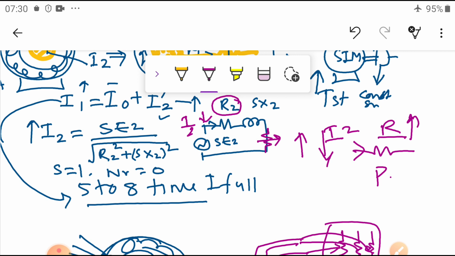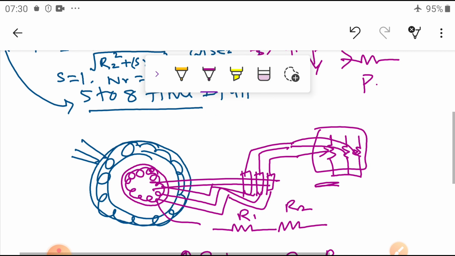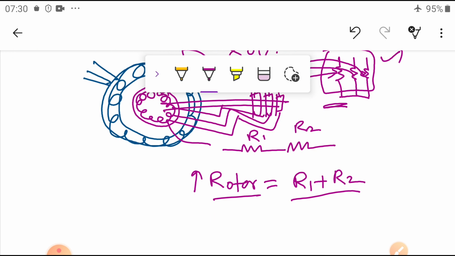We can use this external resistance for starting only, till my rotor picks up 80% of its full load speed. Once my rotor picks up to nearly 80%, the slip value decreases from 1 to some small percentage, like 0.2 to 0.4.